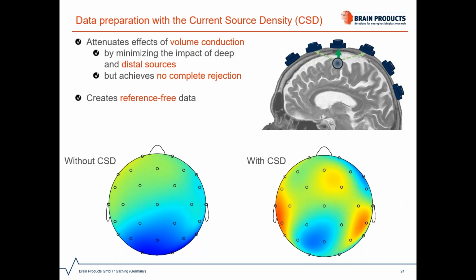Another helpful feature of the current source density is that after the transformation, the data will be reference-free. That means whatever the online reference or a subsequent new reference was, the impact of any previous reference will be cancelled out. The data is then reference-free.